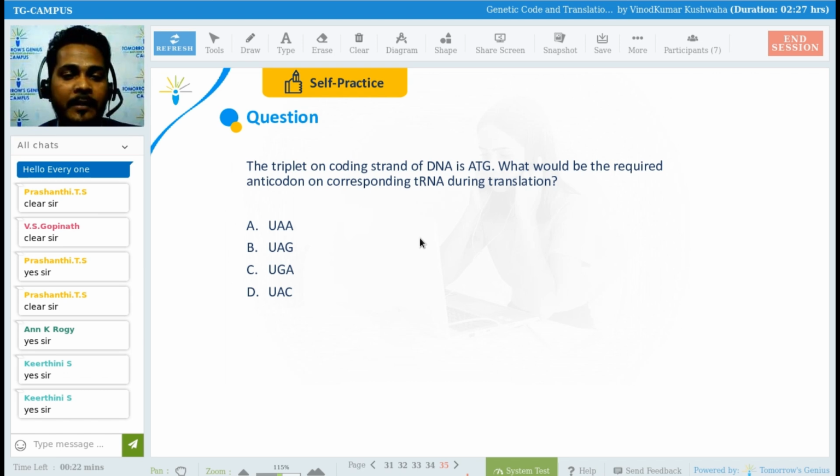Now let's move on to the next question. The triplet on the coding strand of DNA is ATG.